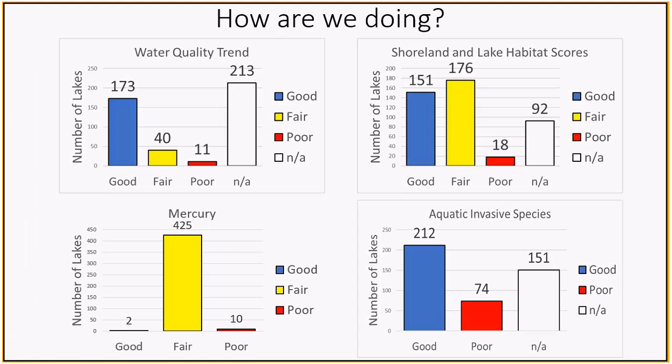And this is in some ways good news because it's something that we can address through better shoreline management practices. And then mercury, again, we know that we have widespread contamination of mercury in our lakes, and much of this comes from power plant deposition from outside of the state that we don't have as much control over.